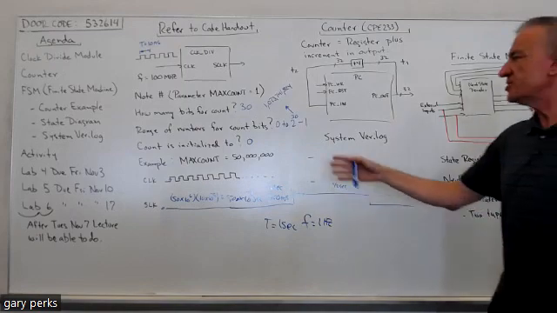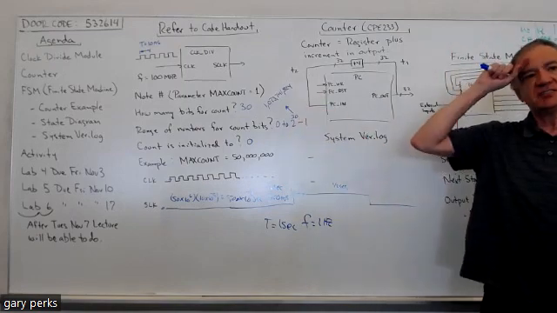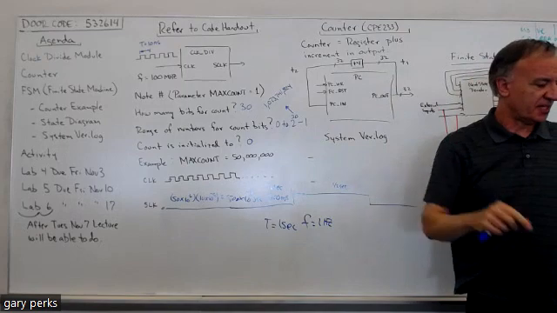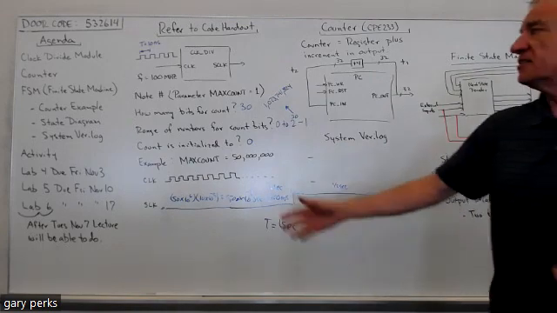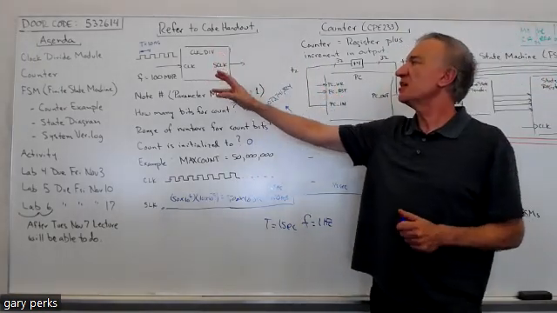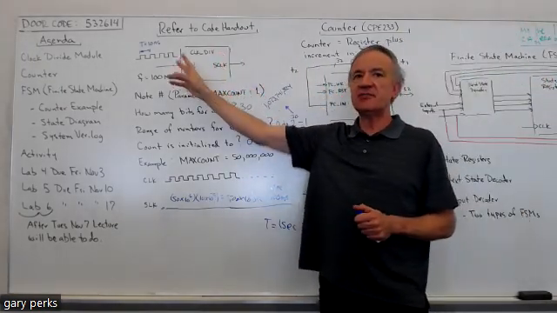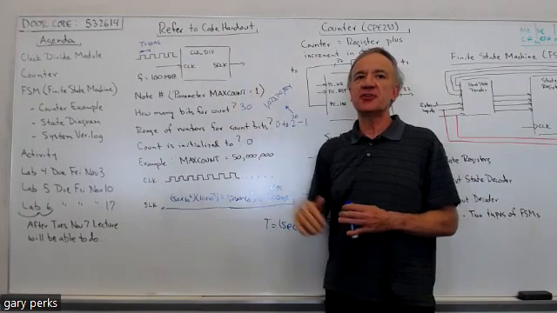All right, so any questions to this point? Clock dividers are used in many practical designs where you'll take a square wave at some frequency and want it at a lower frequency.